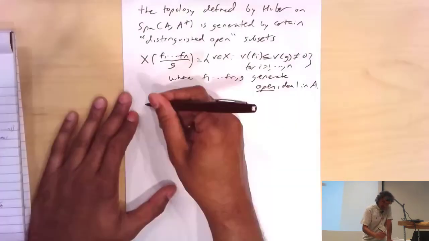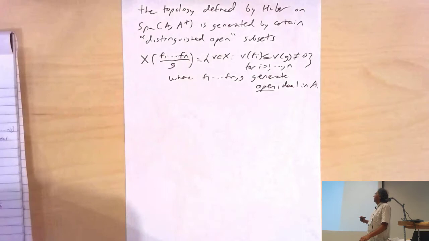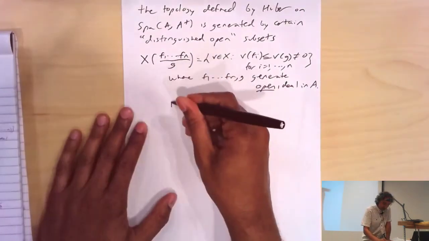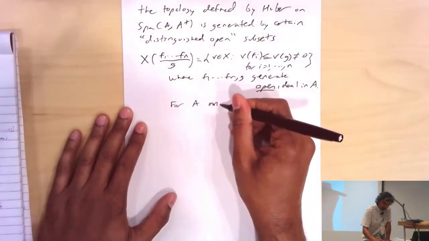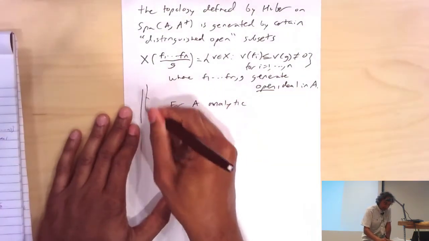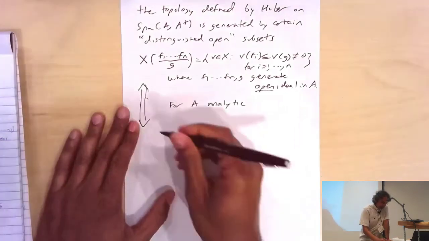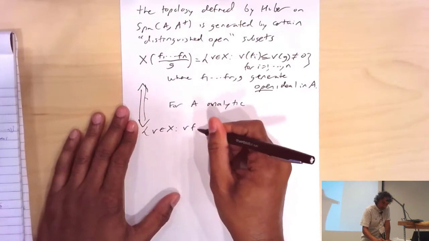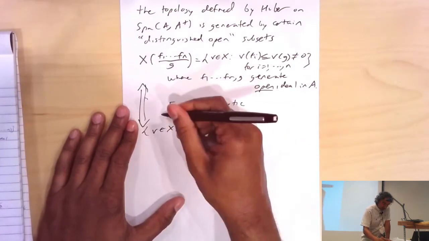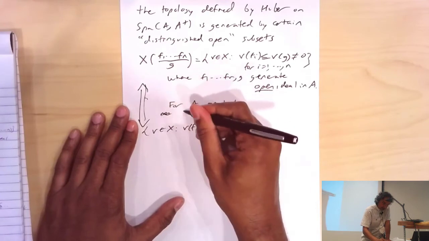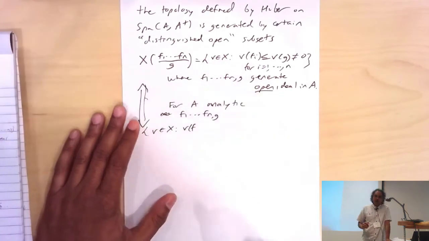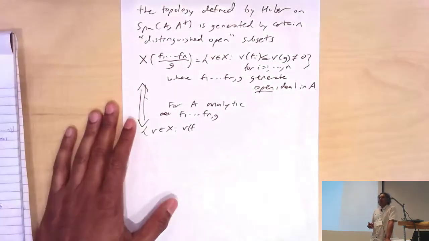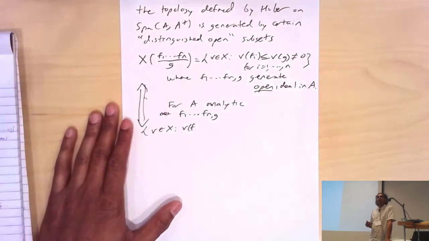One of the reasons I want to only consider the analytic case is because this definition simplifies somewhat. For A analytic, I can simplify this definition. One characterization of analytic rings, which I haven't actually said out loud, is that the open ideals in A are all trivial, that is, all the unit ideal.